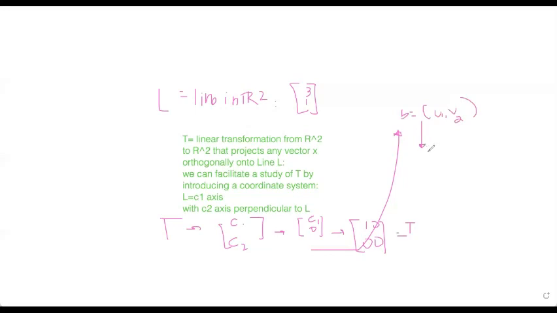If we want to follow the rules of what we've been saying, we've got to make one of them on the line L and one of them perpendicular, right? So we've got v1 is 3, 1, and v2 is -1, 3. Right? So then if x is going to equal c1 v1 plus c2 v2, I'll highlight here. So this is on L, and this is perpendicular to L, right?